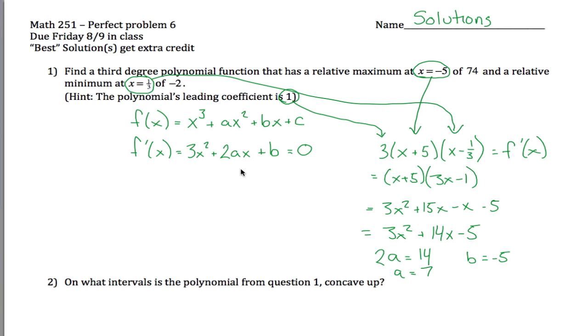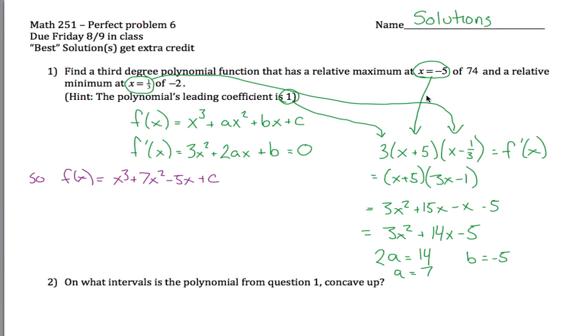So what we figured out is that our original polynomial, f of x, must be equal to x cubed plus 7x squared minus 5x plus c. We still don't know what c is yet, right? We figured out a and b by looking at the derivative, but we don't know what c is.